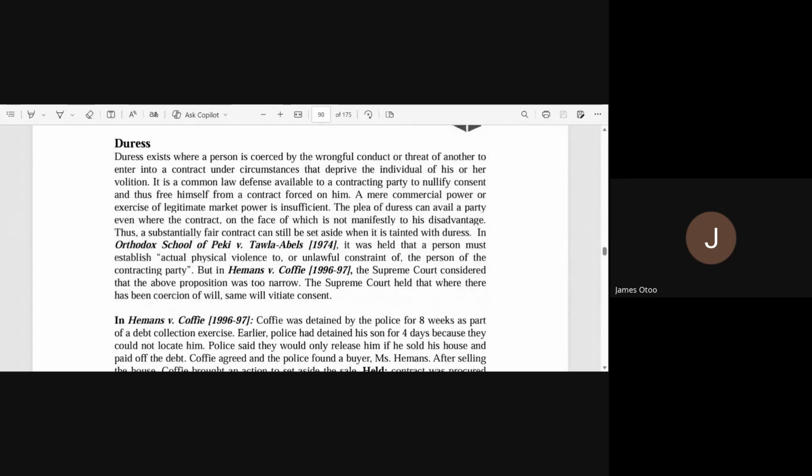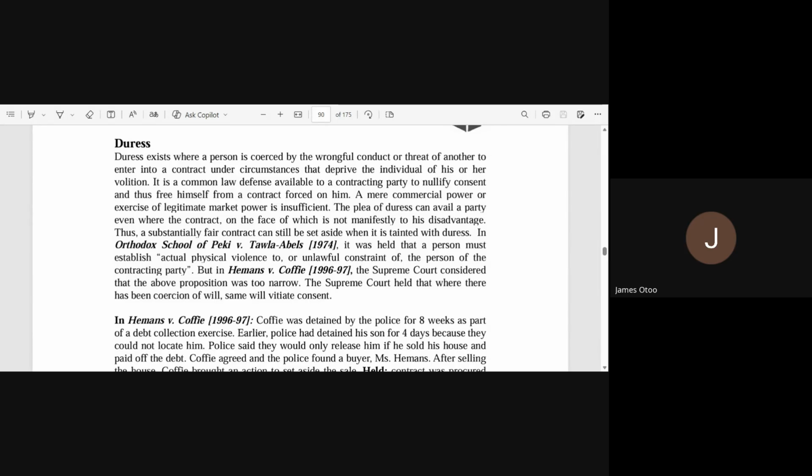Duress is when you use force or you threaten someone to sell his product to you or enter into a contract with you. A contract can be set aside because of threats.